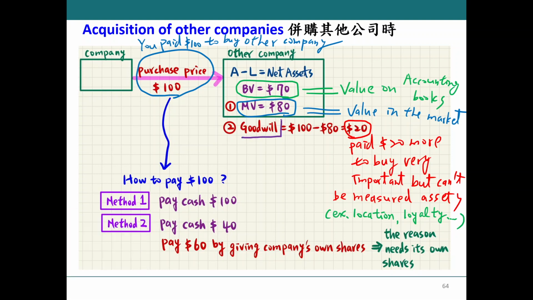So goodwill, 商誉. We put it as goodwill to tell you this kind of situation. Okay? So it's quite a very important intangible asset, 无形资产.